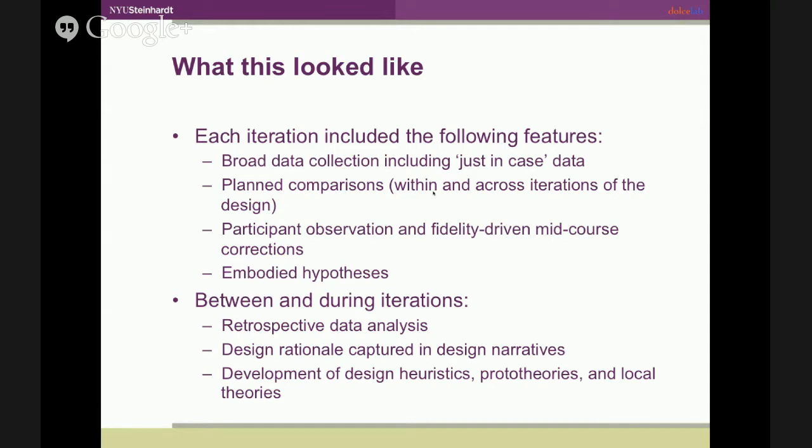We had embodied hypotheses. We had ideas about learning that we would try out by whipping up tools, whether it was curriculum or software, and then bringing it into the classroom. And then in between and during these iterations, we did a lot of capture of our design rationale and also retrospective data analysis. So not just the planned comparisons from that semester, but also looking at our old data.